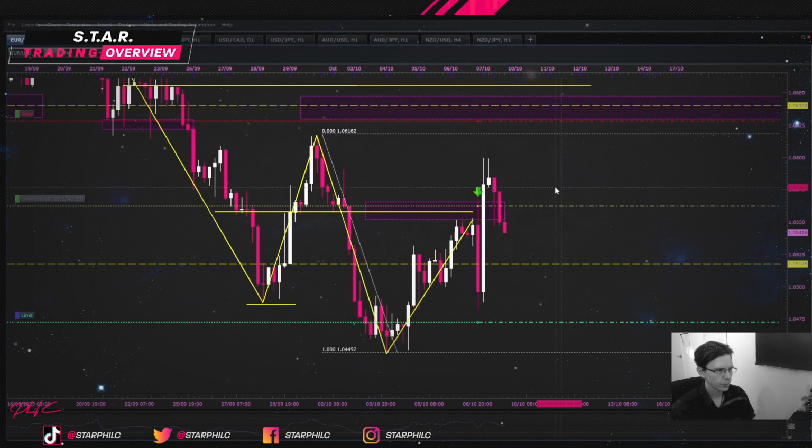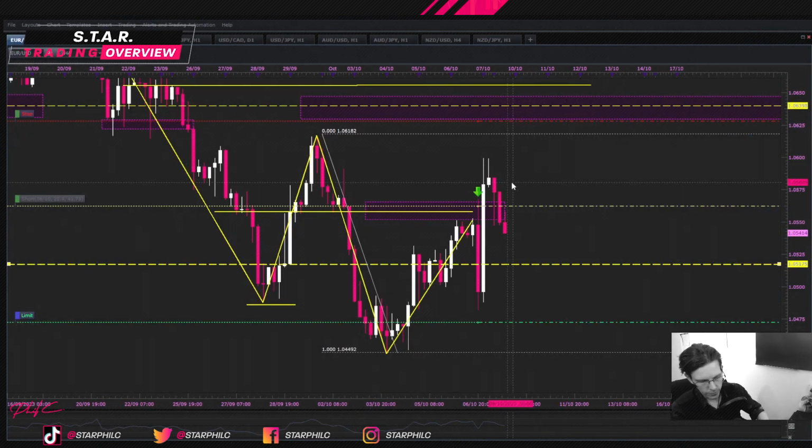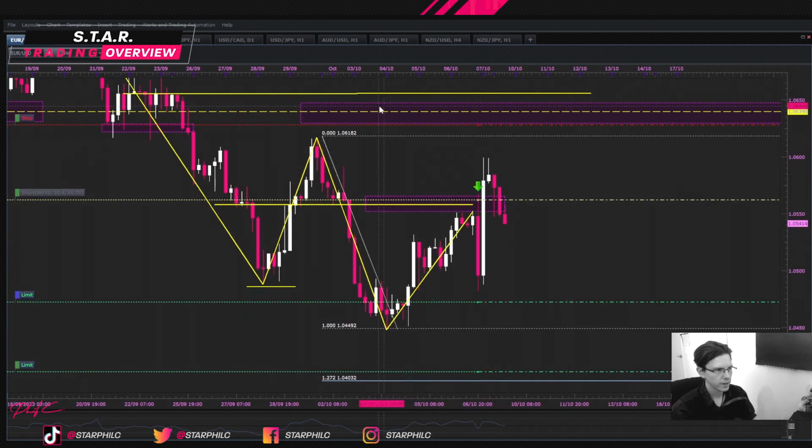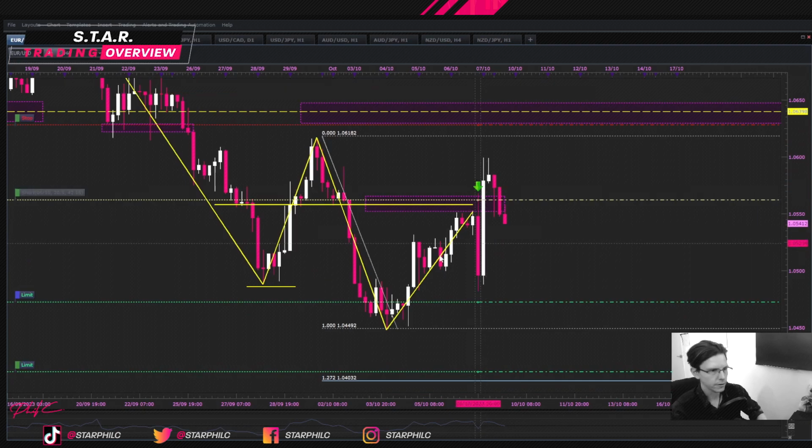Right, as promised, just a quick recap here of the Star Live trades that we're currently involved in. Still have a short bias here on the euro dollar, so still looking for a move towards the downside. This is what the private client group sees every single day.